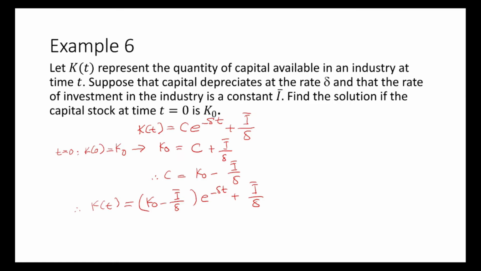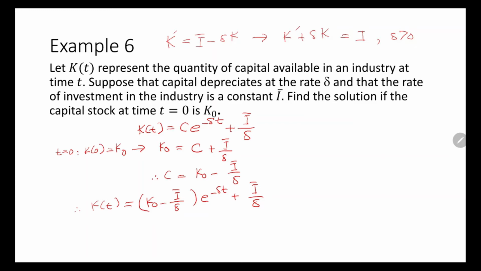So what is the A here? If you don't remember, maybe I'll rewrite the K accent here. K accent is equal to I bar minus delta K. If I rewrite it in the standard form, it is K accent plus delta K equal to I bar. And remember here we have delta, which is positive.